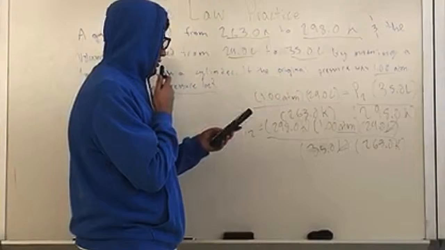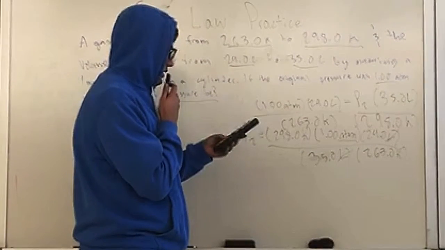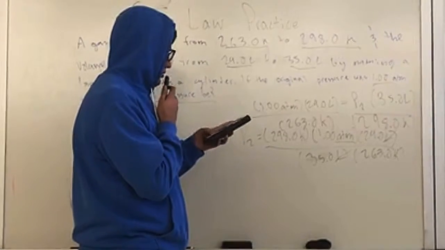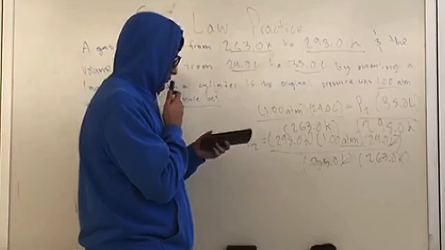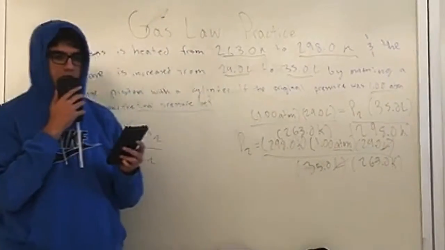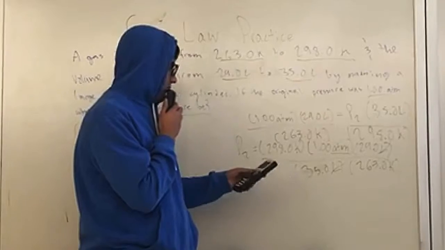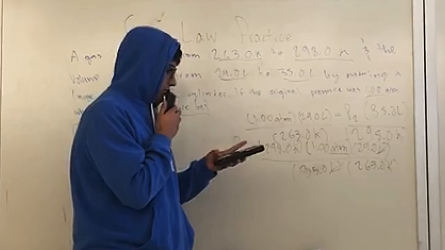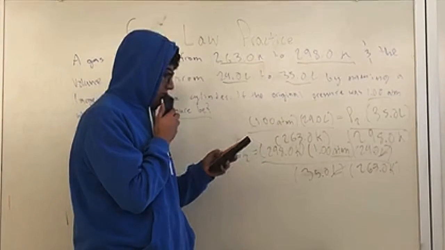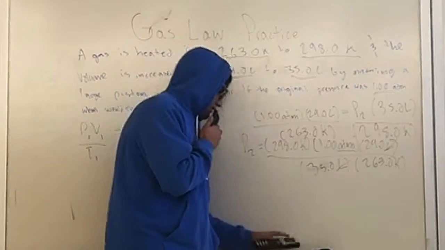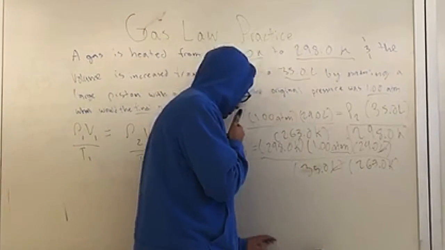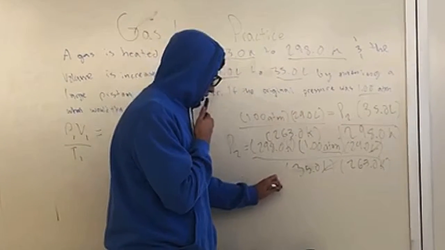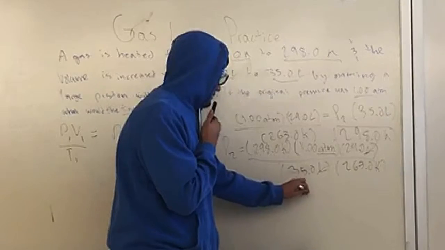So we do 298 times 1 times 24, which gives us 7,152, and we divide that by 35 times 263, which gives us pressure 2 equals 0.77696.